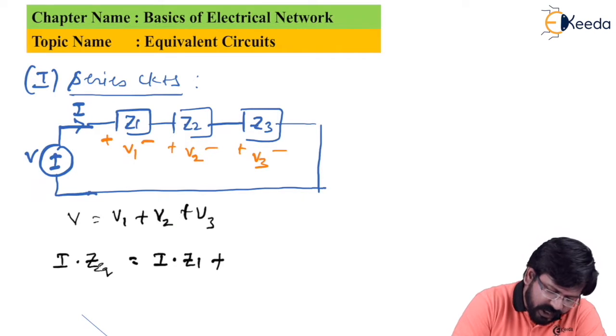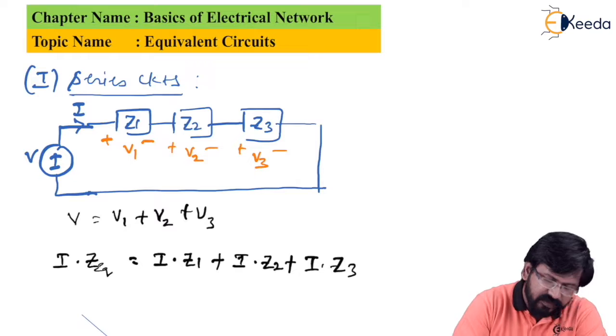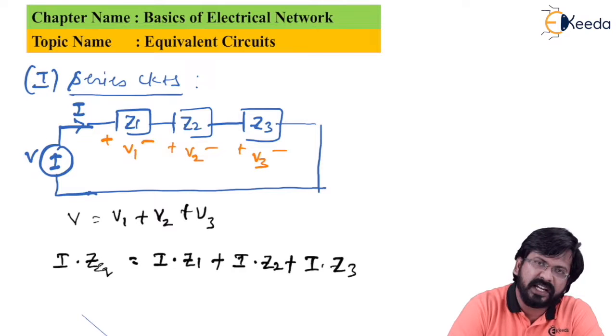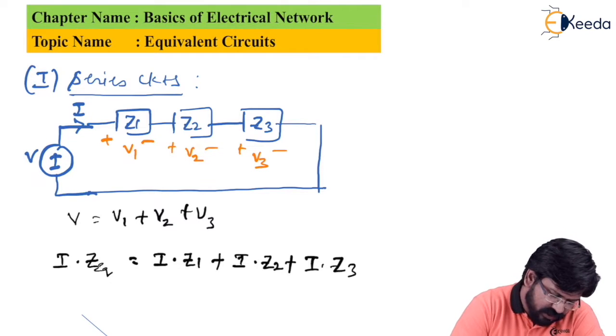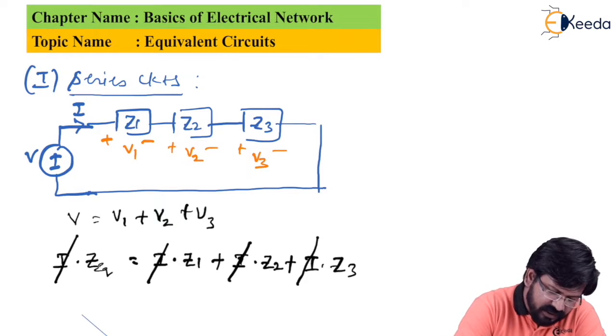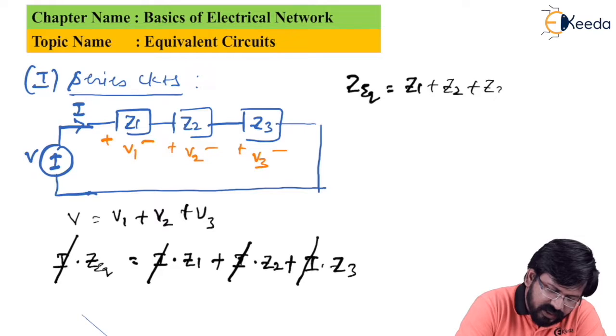Similarly, I can write V2 as I times Z2, and of course V3 as I times Z3. As we can see, on left hand side as well as on right hand side, there is a common factor I, which I can cancel out from both sides. So what is the equation now remaining is Z equivalent, which is Z1 plus Z2 plus Z3.